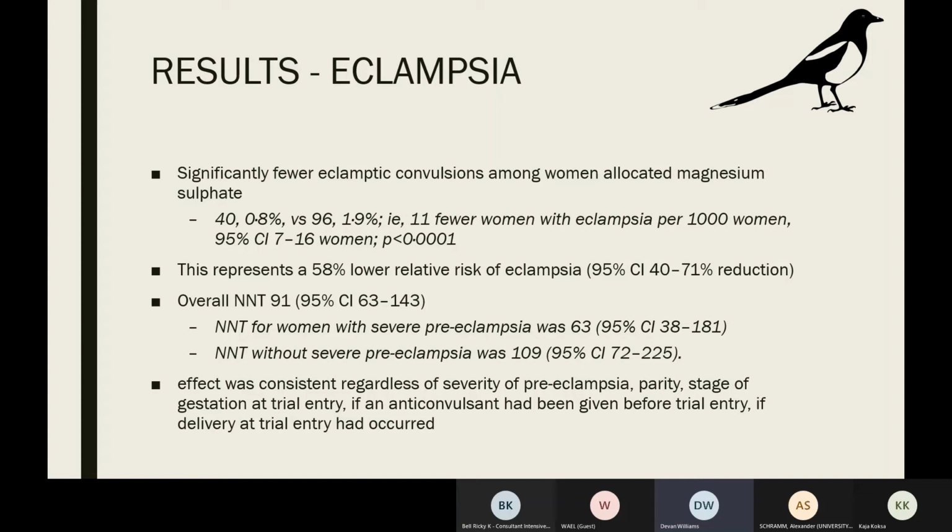Later on, one of the criticisms of the paper is that the number needed to treat for very low risk was about 300 to 400. They ran this over all the other subgroups and found that the effect was consistent in any subgroup they looked at, really.